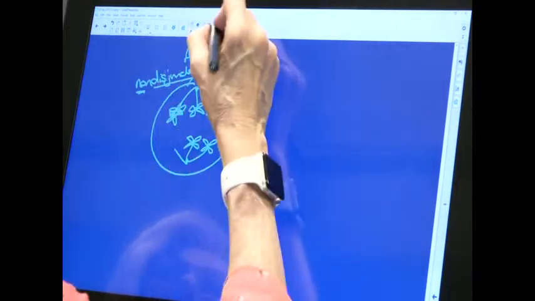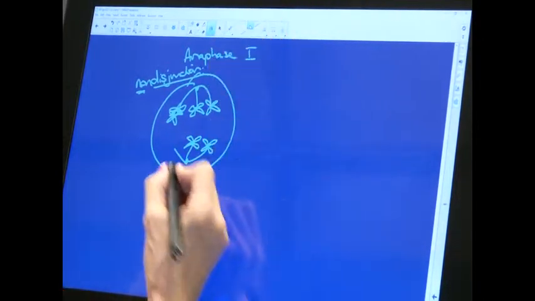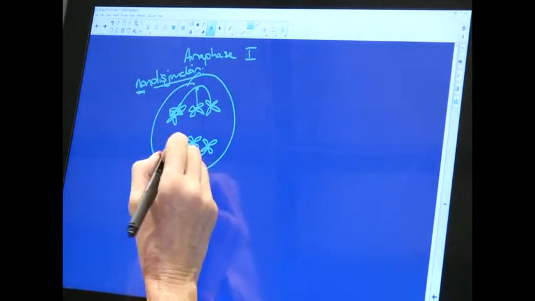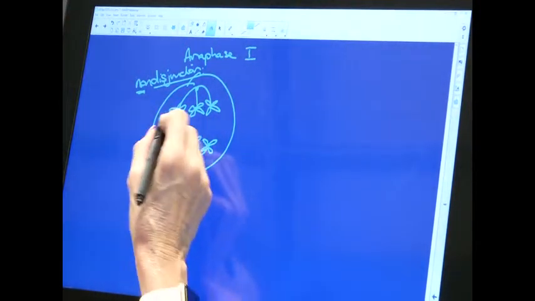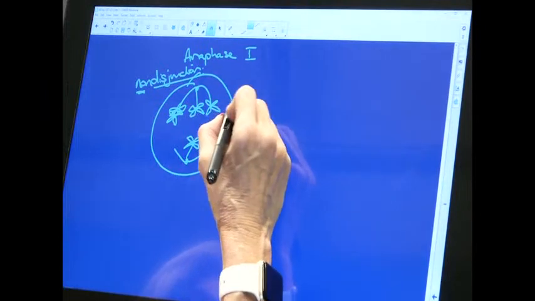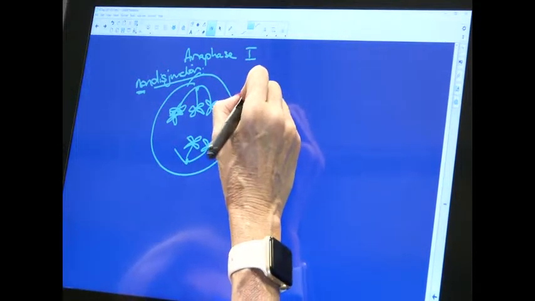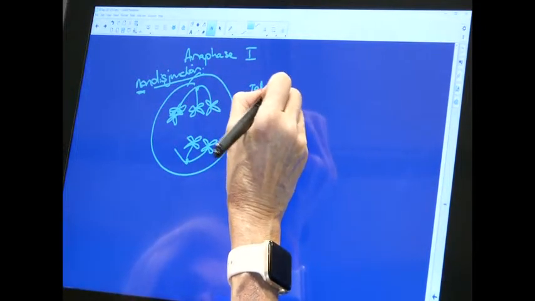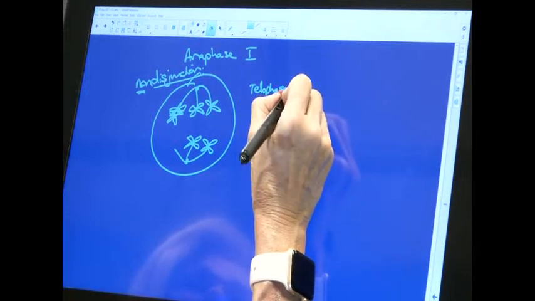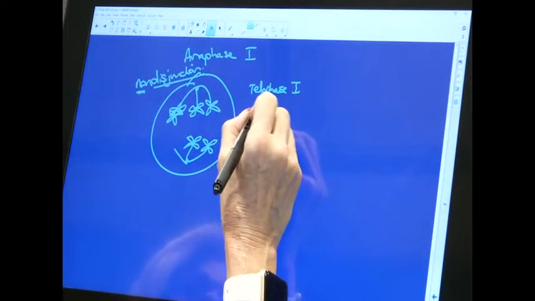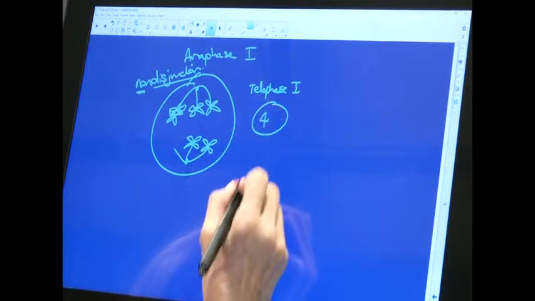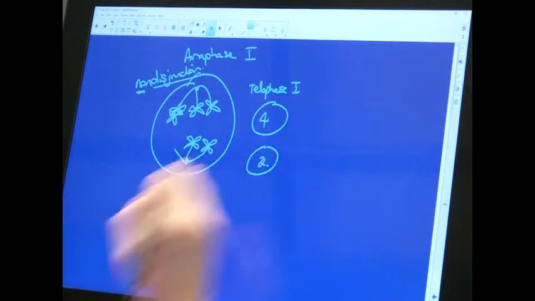I'm really losing it. Okay? And there's going to be nothing here. Okay, so what happens? Now I sit with, at the end of meiosis 1, so telophase 1, I now sit with 4 chromosomes and 2 chromosomes.